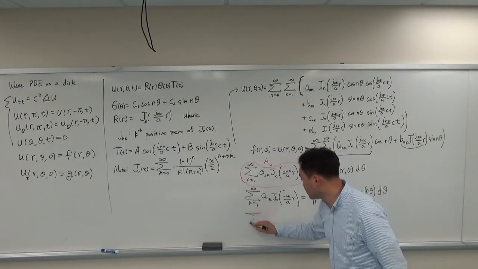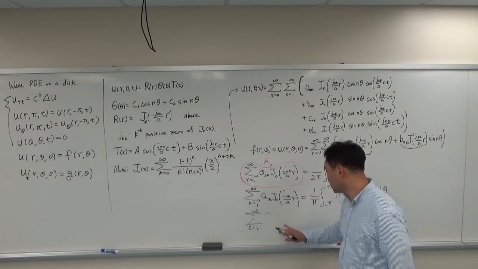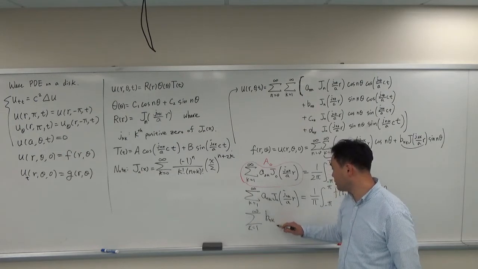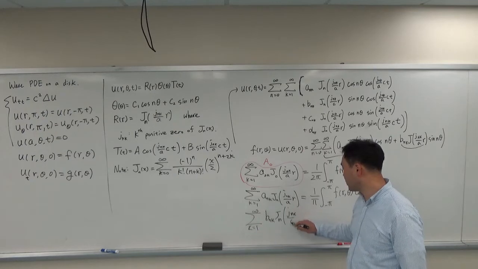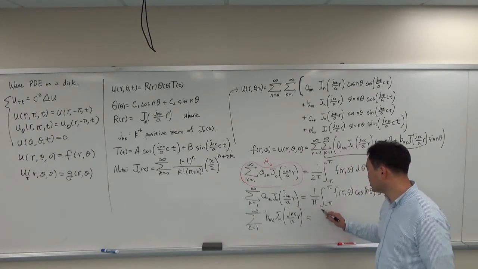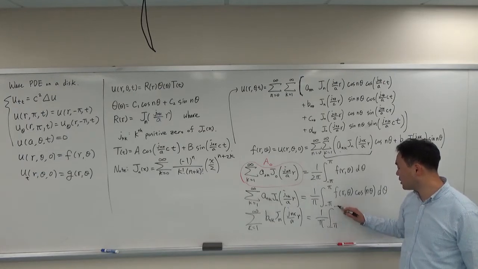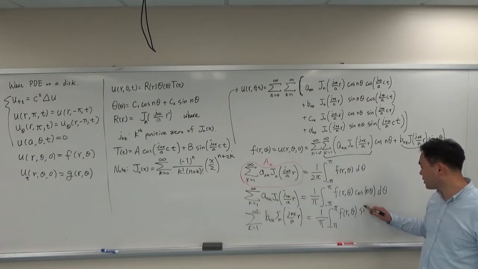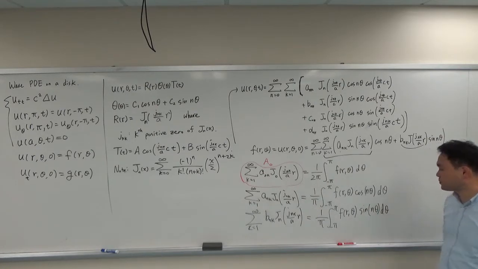And then finally, for the b_n's, b_nk J_n(λ_nk r/a) should equal 1 over pi, integral from negative pi to pi, of f(r, theta) sine n theta d theta. Okay?